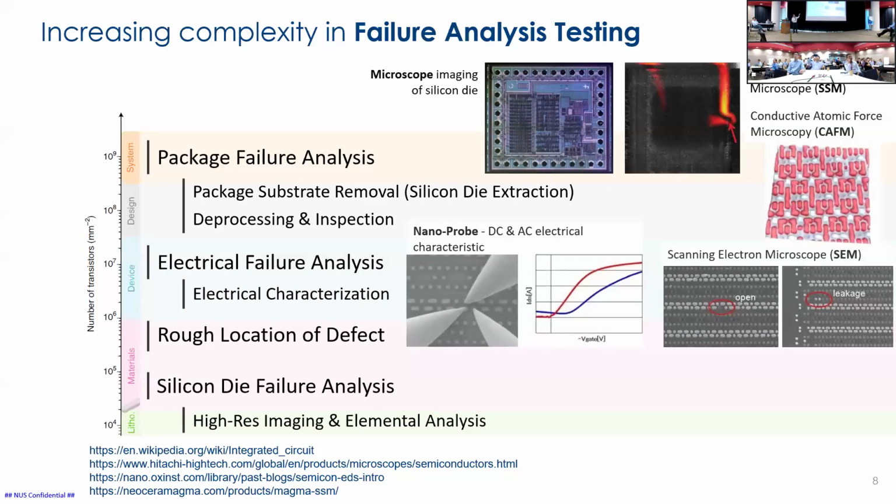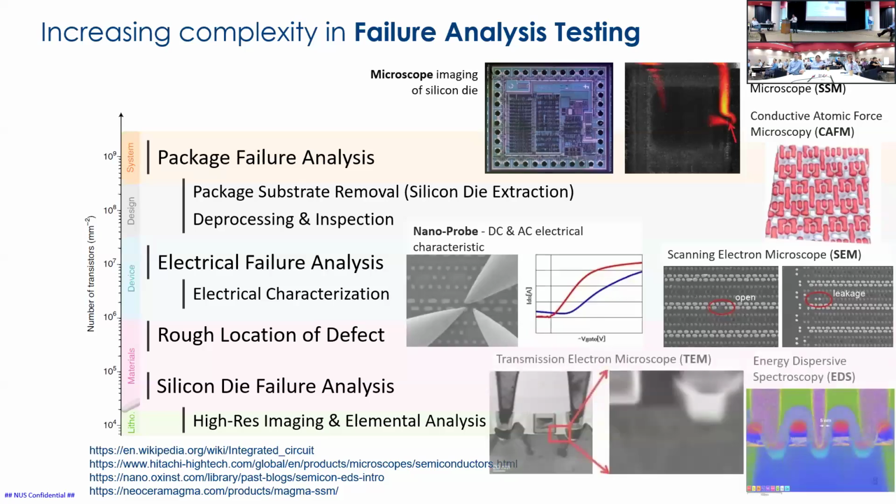Obviously, package testing, failure analysis down to the electrical level, and then roughly knowing where the defect is, because the failure analysis engineer needs to go down and then isolate the defect and identify what that is, and then subsequently communicate that back to both the design team as well as the foundry team. So it's actually a coordination of several efforts, right? And one of the biggest issues obviously is that the technology today is getting more and more complex. I'll get into that in a little bit.